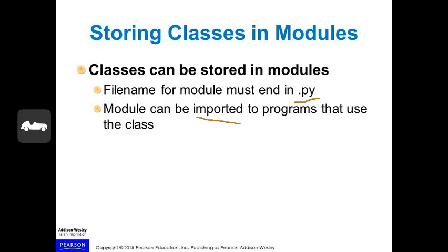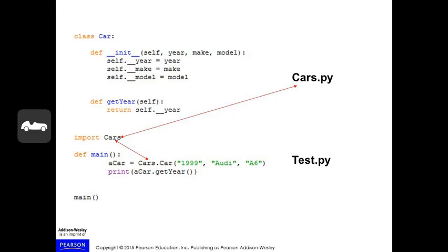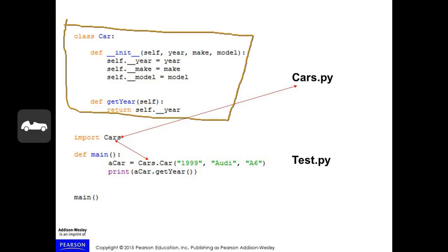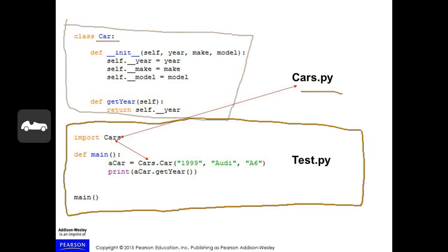For example, this is a file, and in this file, there's a class definition called car. So this file is called cars.py. And in another file or in another piece of code, I want to use the car definition here. So I import cars. Notice that I'm importing the module name, not the class name.